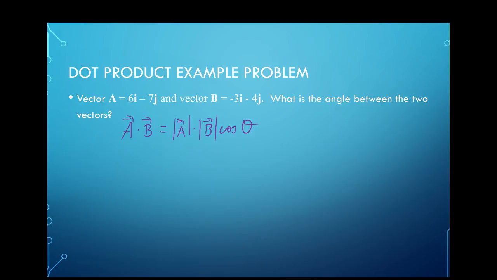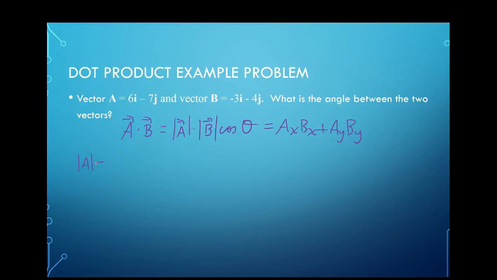And that angle is what we want. And we also know that this is equal to AX BX plus AY BY. Whoops, I was thinking about z because there's no z component. So it's AY BY.